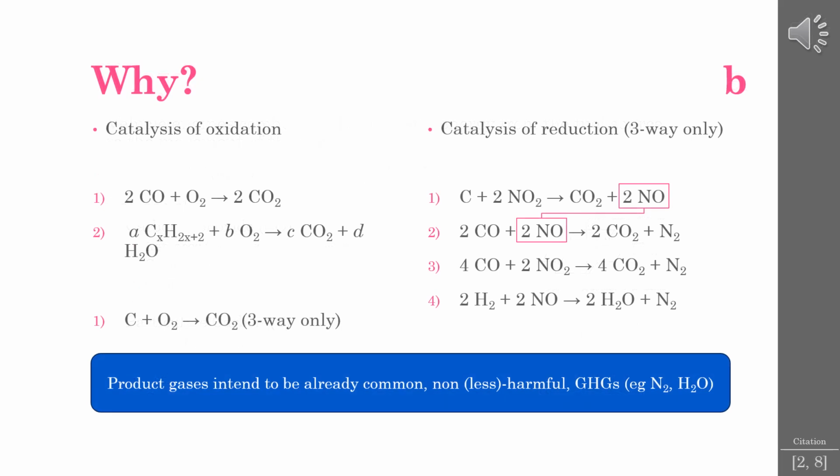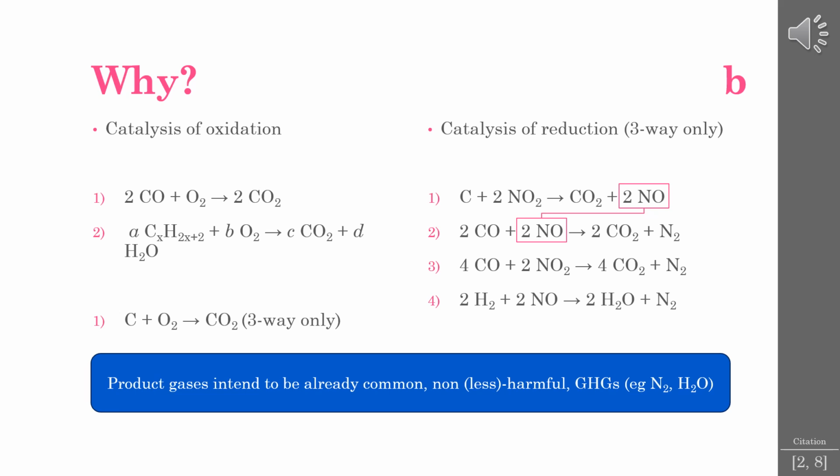So looking at how catalytic converters work, on the left, I've got the different oxidation reactions, and then on the right, I've got the reduction reactions. So the reduction reactions only occur in those three-way redox catalytic converters.